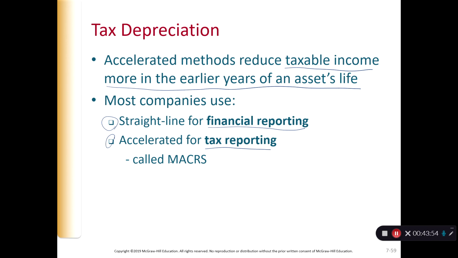Thus, companies record a higher net income using straight line depreciation, and a lower taxable income using double declining balance in the early years of the asset life.